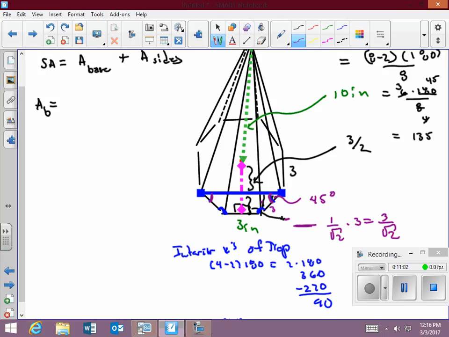So that whole purple length, this length right here, is 3/2 plus 3 over the square root of 2.